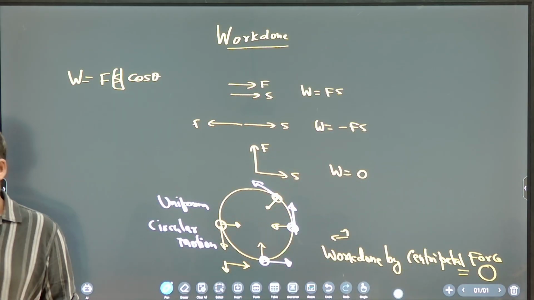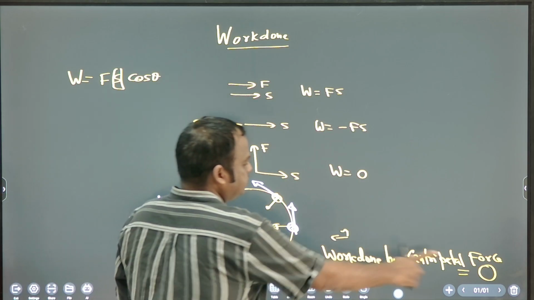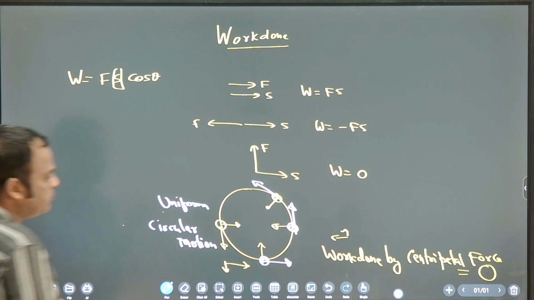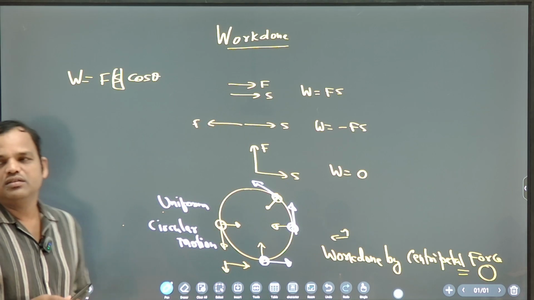Note down. What is the work done by centripetal force? 0. Okay. Work done by centripetal force 0. Remember this. Why? What is the reason?